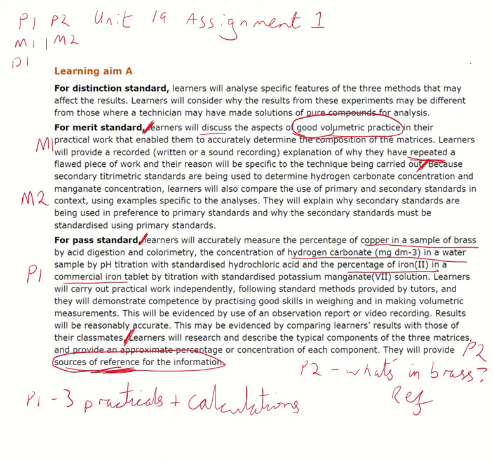What we need in here is some discussion about what primary and secondary standards are, and again, why the secondary are used in preference to the primary. So why, for example, didn't you just react the sodium carbonate with the sodium hydrogen carbonate? And likewise, up in the other practical, why you use the potassium manganate in preference to some other chemicals for the redox titration with the iron.